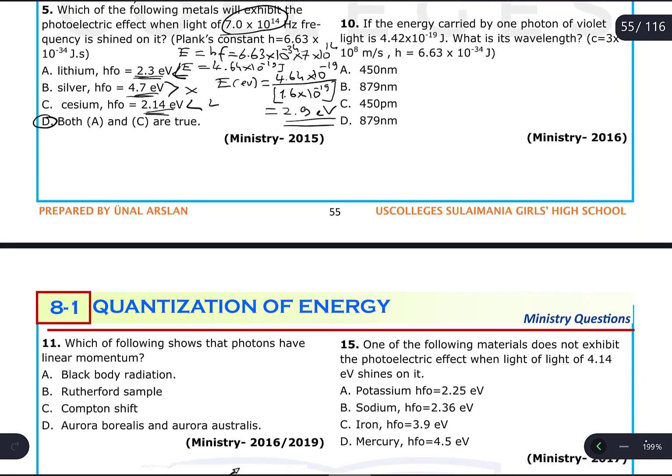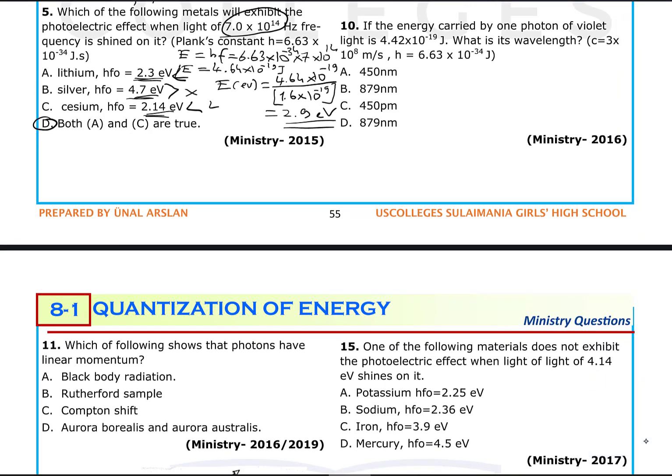Question number 10. If the energy carried by one photon of violet light is 4.42 times 10 to the power of negative 19 joules, what is the wavelength? We will use the photon equation, but this time in terms of wavelength, not frequency. We know that the energy of a photon is h times f, and that frequency is equal to speed divided by wavelength.